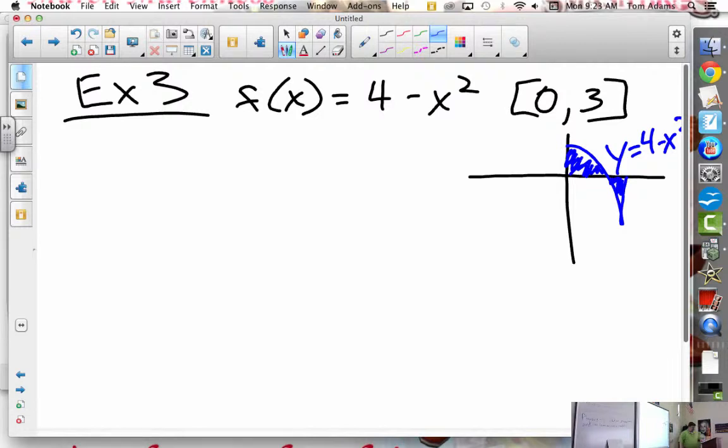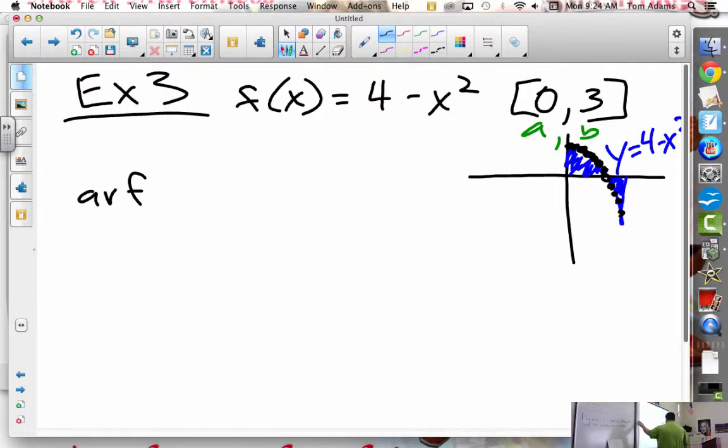Now I can find out what that average value is by plugging this stuff in. This is a, this is b. So to find the average value of f, what we're saying is if I take the y values of all these coordinate points, add them up and divide by the total, what is the average y value?